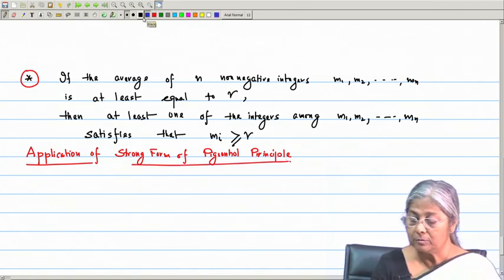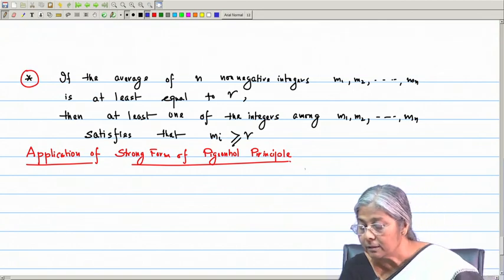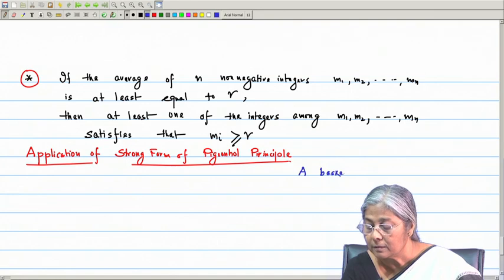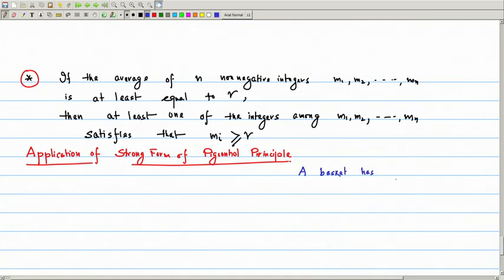This is a very common problem. We first write the statement: a basket is being arranged out of 3 types of fruits, say apples, bananas, and oranges.